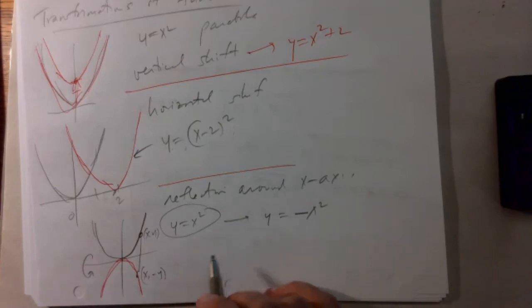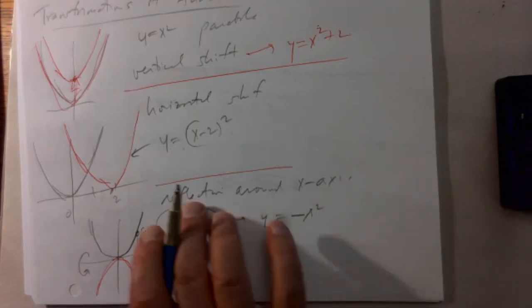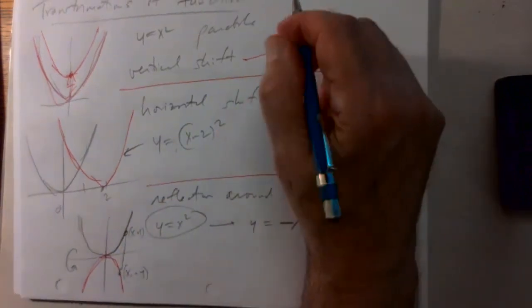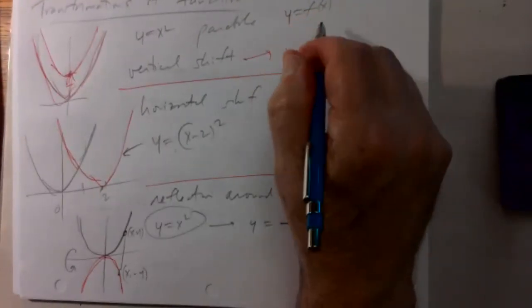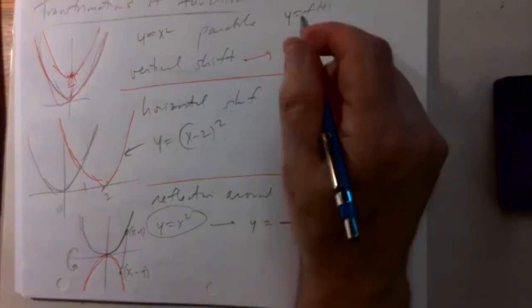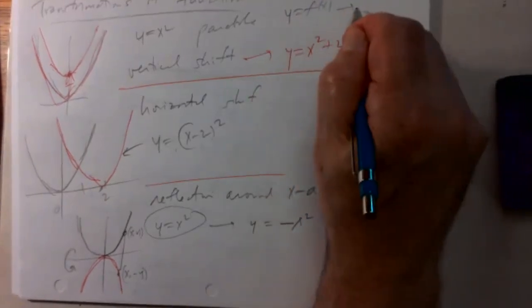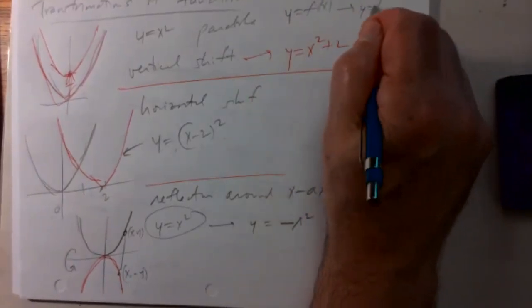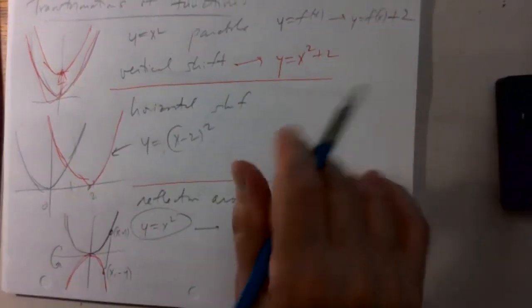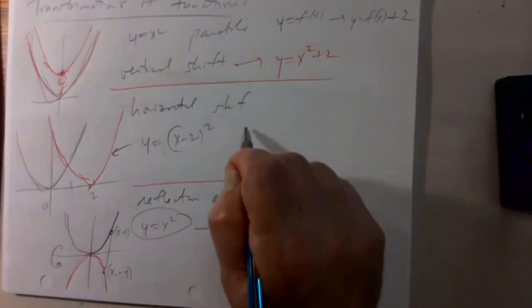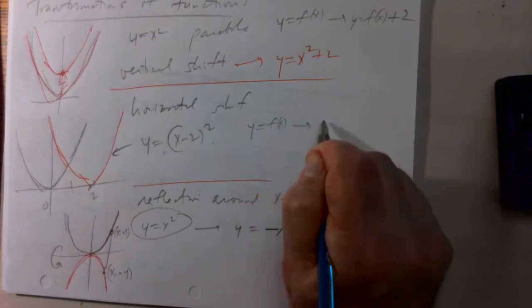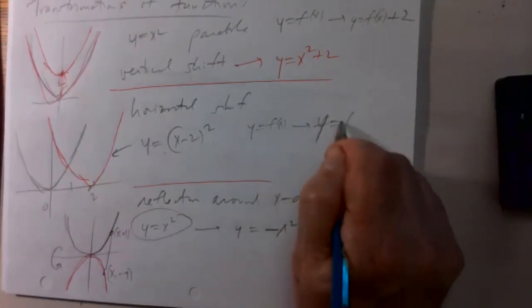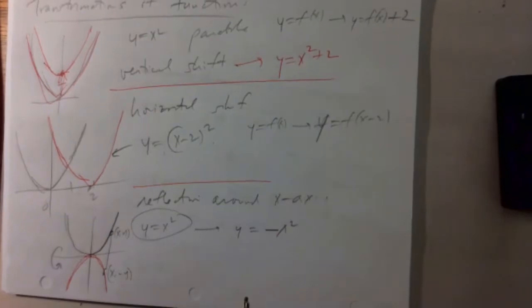So if you write these things in terms of functions, if you have a function y equals f of x, a vertical shift by some amount like 2 would give you the function y equals f of x plus 2. When you have a horizontal shift, for example, by 2, y equals f of x would go to y equals f of x minus 2.